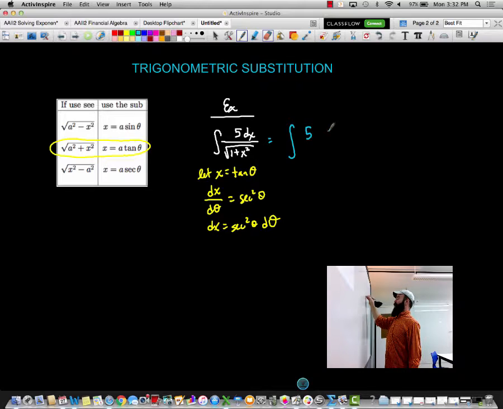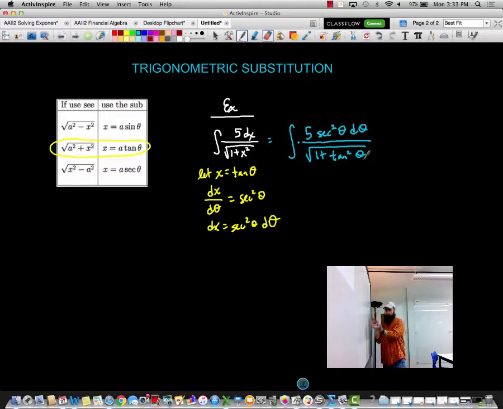So that'll look like this. The integral of 5, instead of dx, we write secant squared theta d theta over the square root of 1 plus tangent of theta squared. So tangent squared theta. Now, this thing is entirely in terms of theta, so now we're in the process of wanting to simplify this.